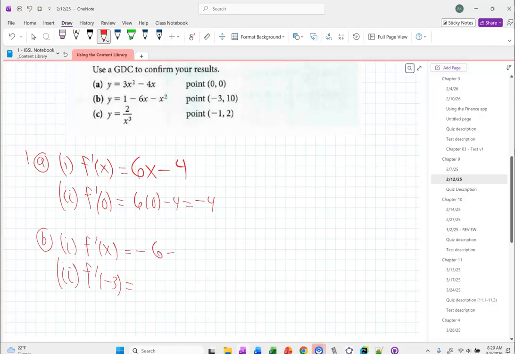Negative 6 minus 2x? Yeah. Okay, why didn't you say anything when I asked who had it? You had the right answer. Have some confidence, you know? You got it. It's new, but it's not that hard, right? Just new.